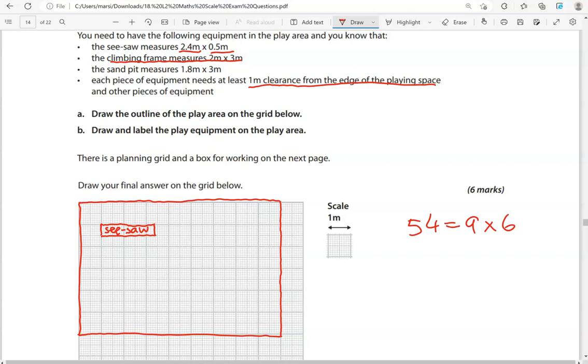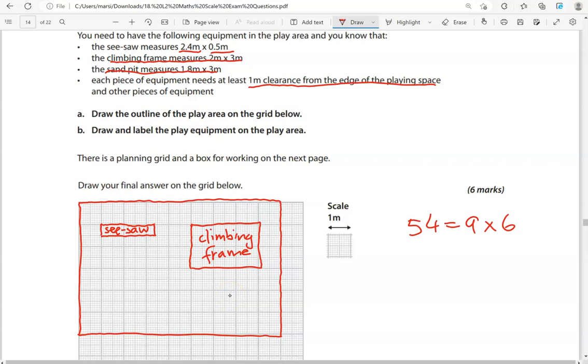So we'll keep a distance and we'll do 2 by 3 squares. And then the sand pit, which measures 1.8 meters by 3 meters, so that is 1.8 squares by 3 squares, which shows me that I should have probably drawn the seesaw here.